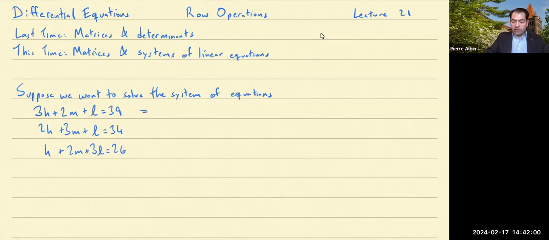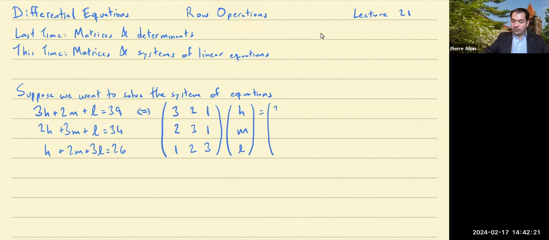We can rewrite this, given what we saw last time, as the product of a matrix times the vector of unknowns, H, M, L, equals 39, 34, 26.